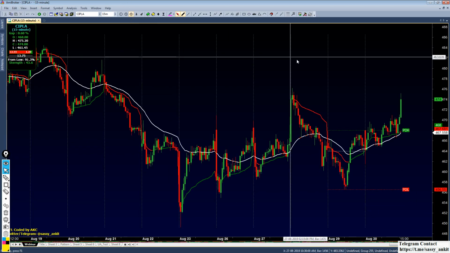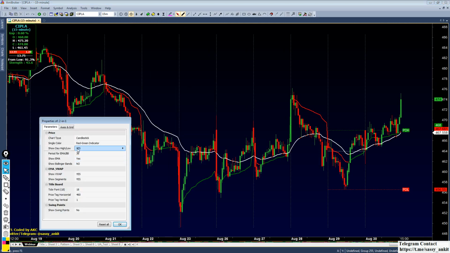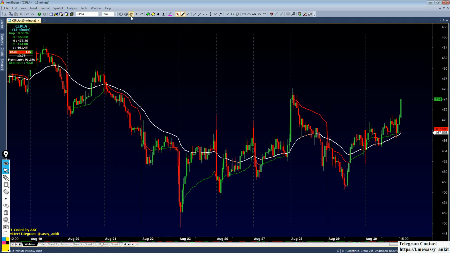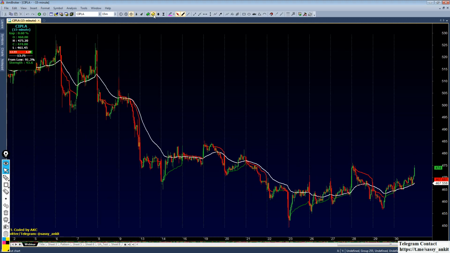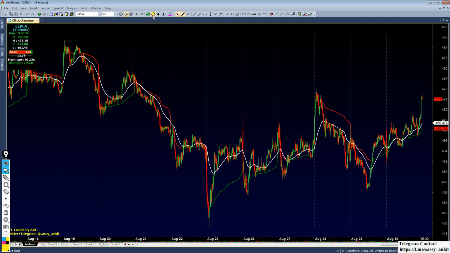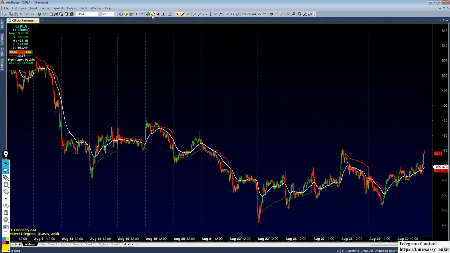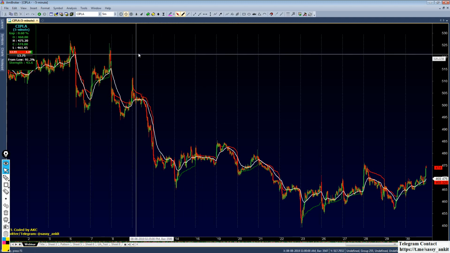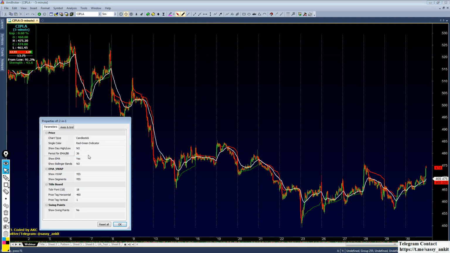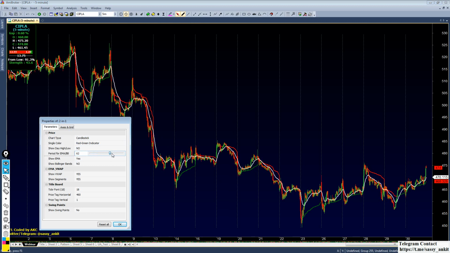If you go on 15 minutes, we will have very choppy price action on intradays. Even if we go on 5 minutes, we have very choppy price movement. So in that situation, you need to zoom in your chart as much as possible and try to find out what EMA is holding on.